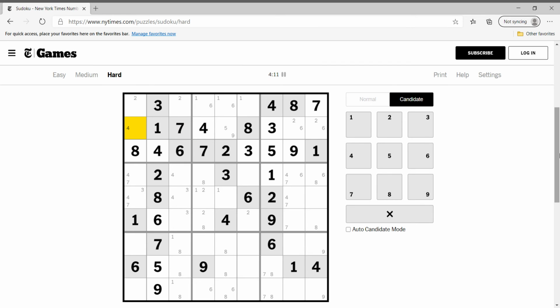Okay, so let's see. In this box over here, so obviously we need 5. Which is in 3 cells, and then we need 9, which is, unfortunately, I don't quite see how it's restricted at all. Okay, just checking this box.